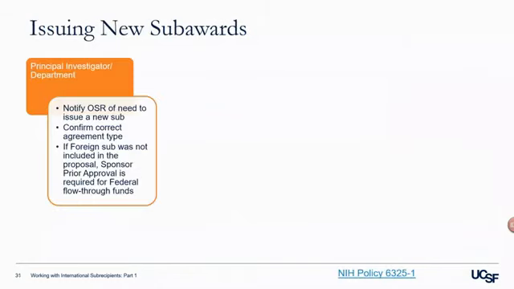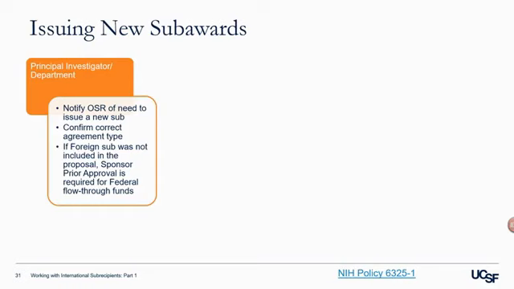When we are issuing new subawards, the PI in the department should be notifying us of when there is a new subaward to issue, so they should be contacting their OSR person who worked on the award, or it might be someone in IGHS that's helping them with getting the request done.